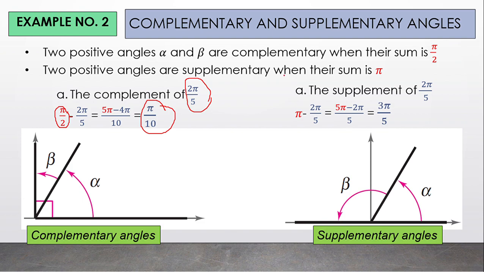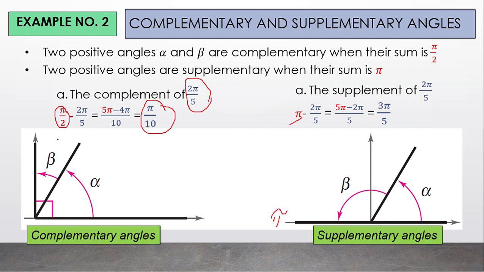Okay. So, dahil meron na tayong complement, ngayon naman, supplement naman tayo. So, si 2 pi over 5 ulit yung kukuha natin ng supplementary. Pero dahil ang sum ng isang supplementary angle is pi, kay pi natin siya ima-minus.